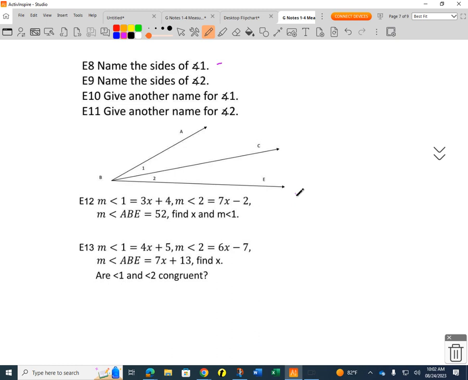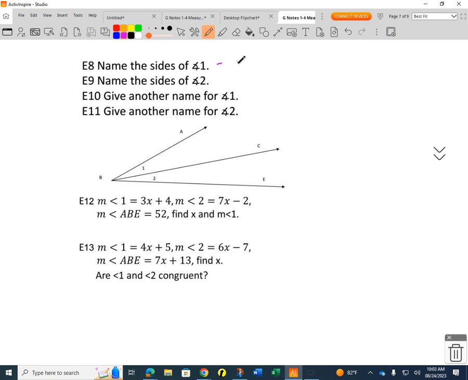So back in the notes if you need to. We talked about what is the definition of an angle. What's the definition of an angle, Jesse? So this side is FR and this side is FT, right? So tell me the sides of angle 1.